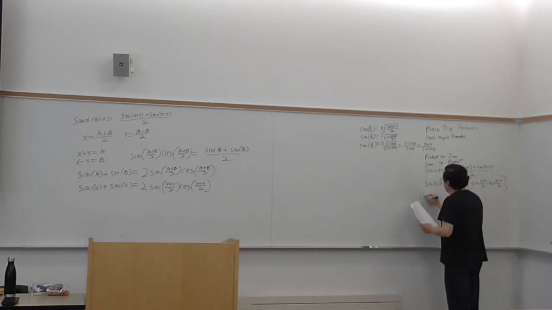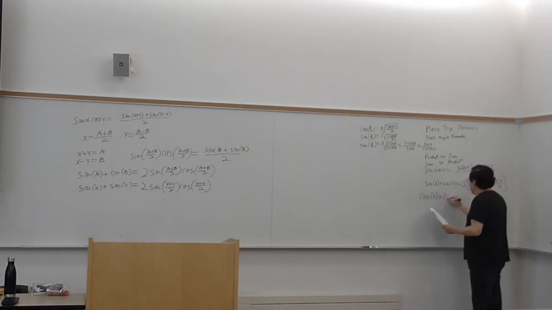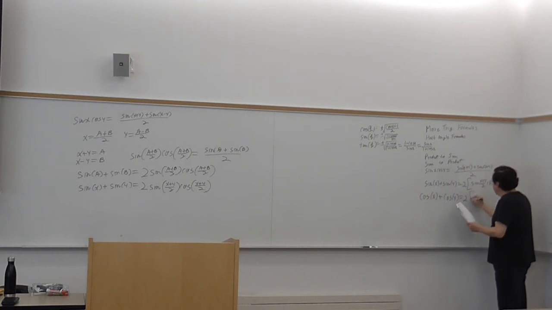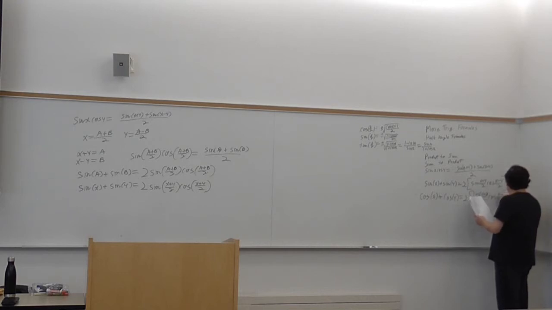We're going to find that the cosine of x plus cosine of y is 2 times the cosine of x plus y over 2 times the cosine of x minus y over 2.